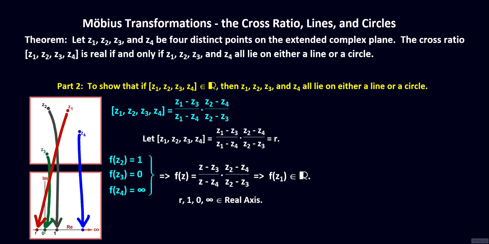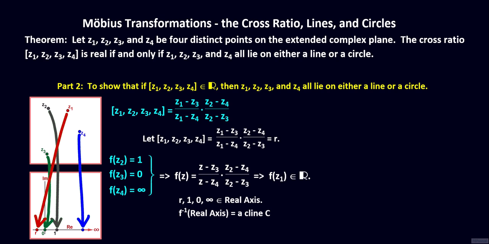It is also known that every Möbius transformation maps a cline onto another cline. The viewer can check the video Möbius transformations, lines, and circles for a proof of this fact. f inverse is also a Möbius transformation and will map the real axis, which is itself a cline, onto another cline. Let's call this cline C.